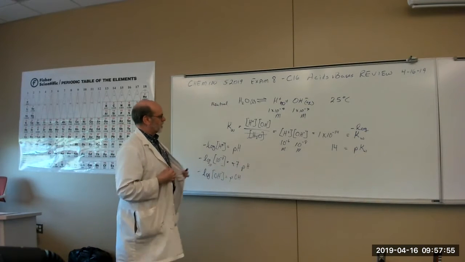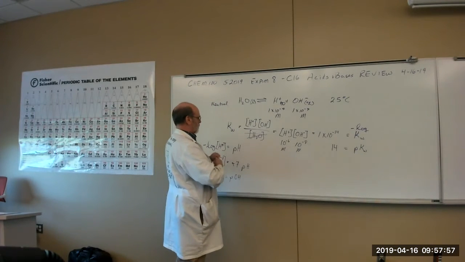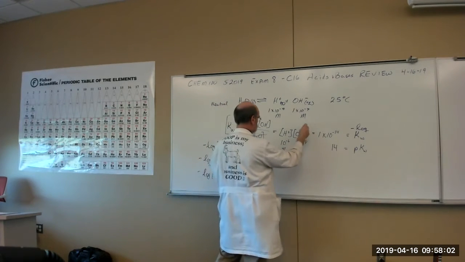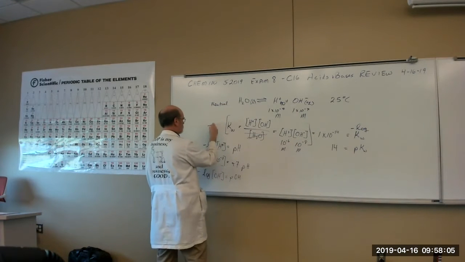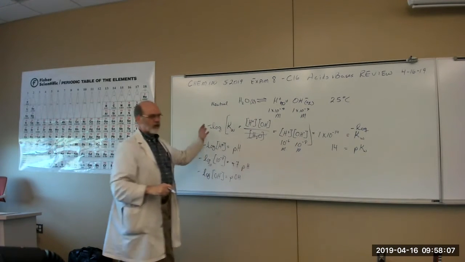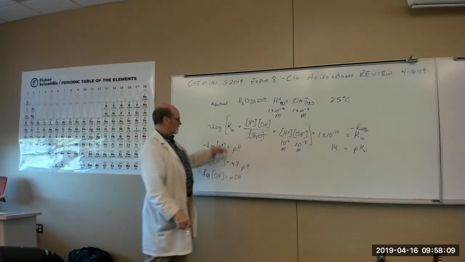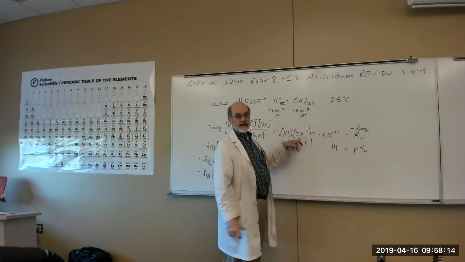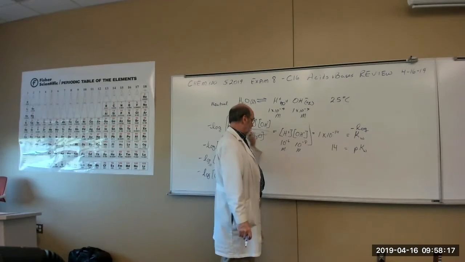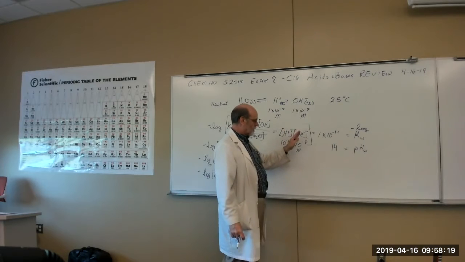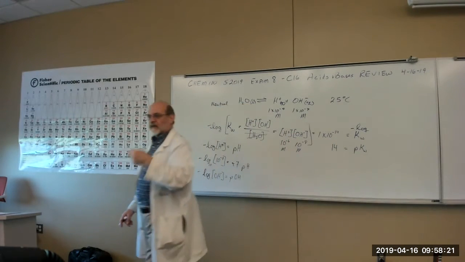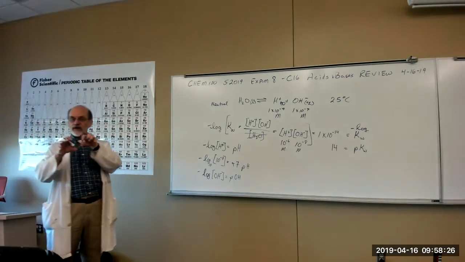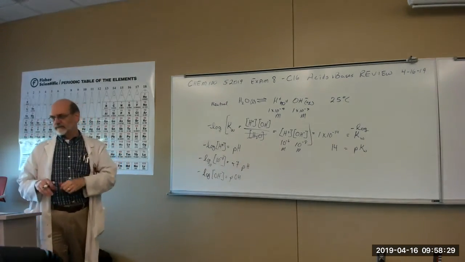The other way I show this sometimes is to take the negative log of the whole thing. Negative log of that one, plus the negative log of this one. When you take the log of a product, the log expression becomes addition.